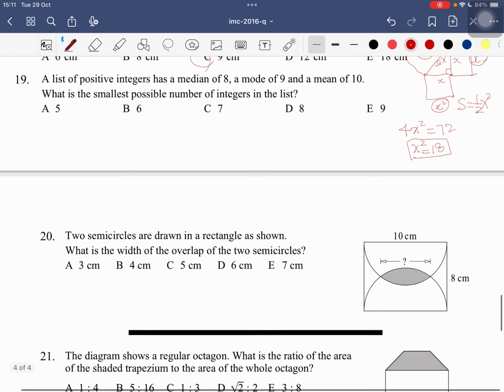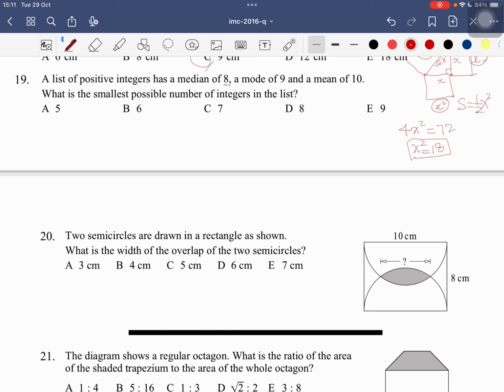Number 19. A list of positive integers has a median of 8, a mode of 9, and a mean of 10. What is the smallest possible number of integers in the list? Let's say when the median is 8, if there is an odd number of integers in the list, then 8 should be in the center.